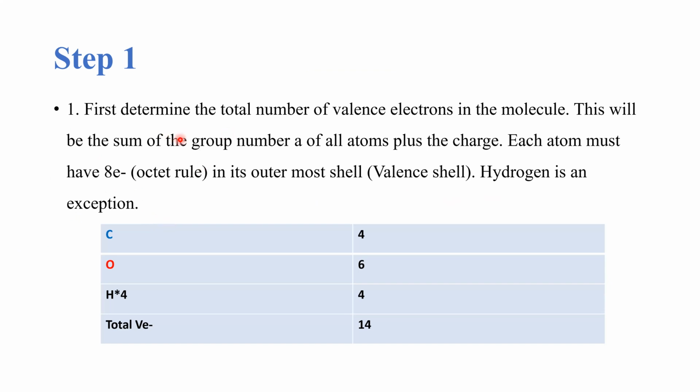The very first step is to determine the total number of valence electrons in a molecule. This will be the sum of the group numbers of all atoms plus the charge. I will explain that we have to include the charge as well if it is carrying any charge. Each atom must have 8 electrons, the octet rule, in its outermost shell, and hydrogen is an exception.